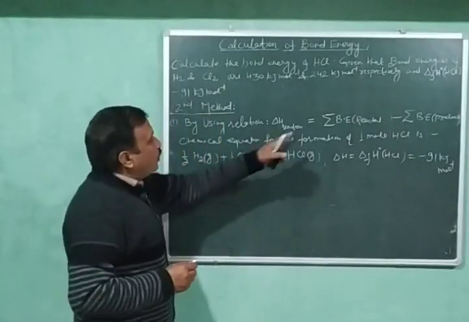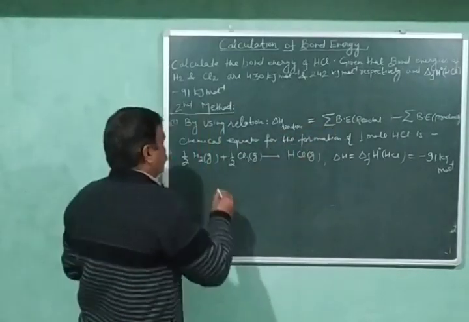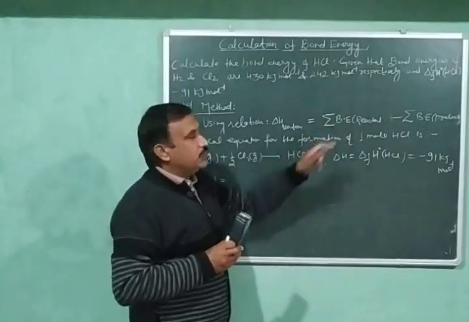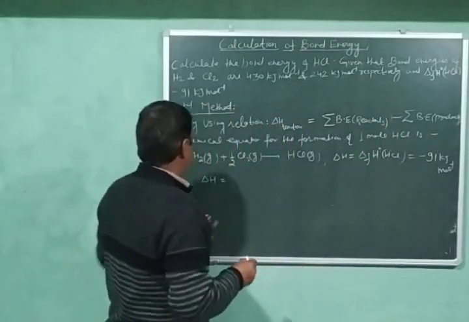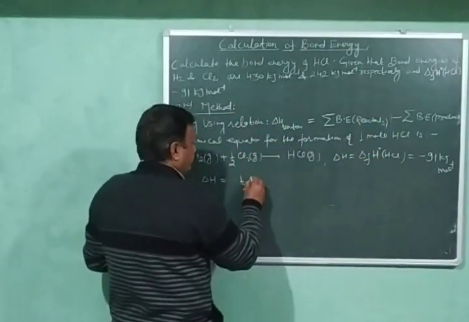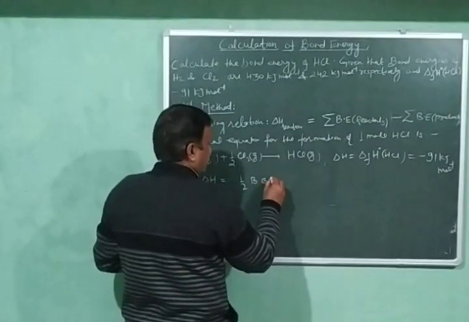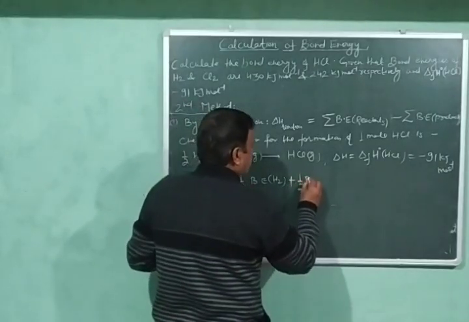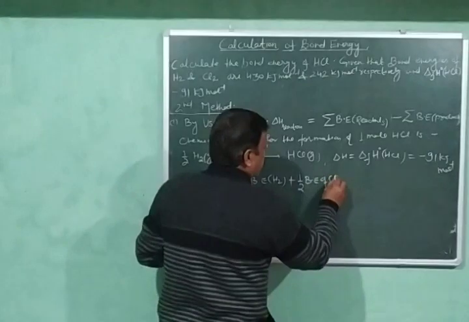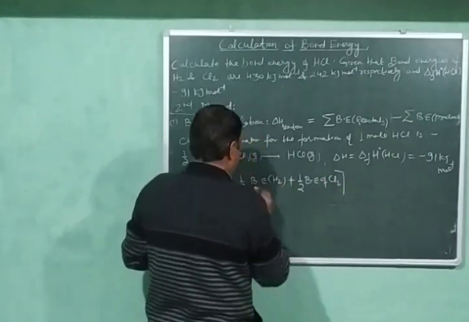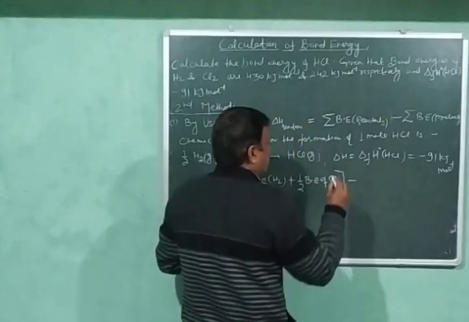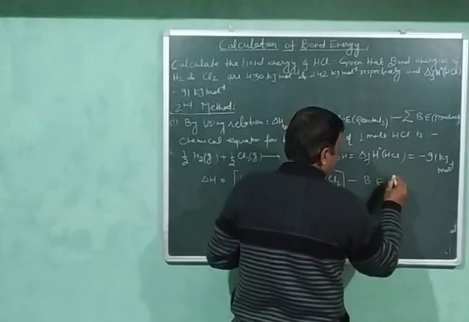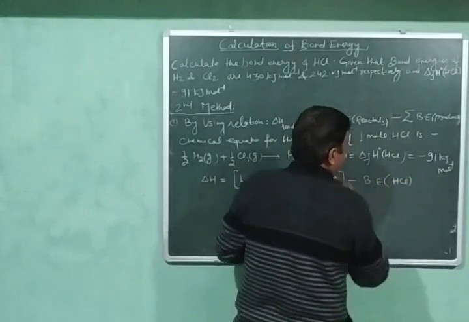Okay, and according to this relationship, the delta H of this reaction will be equal to the sum of the bond energies of reactants, that is half into bond energy of hydrogen plus half into bond energy of chlorine, minus bond energy of products, that is bond energy of HCl.